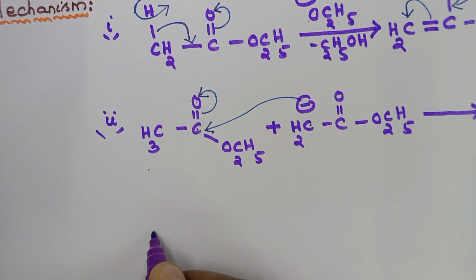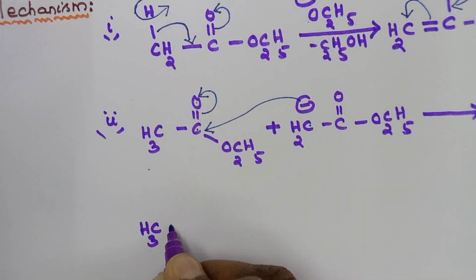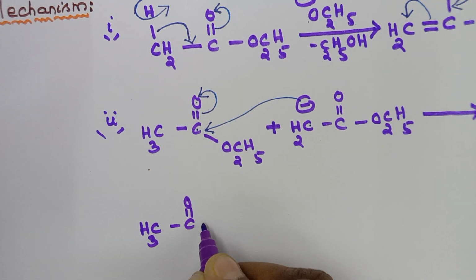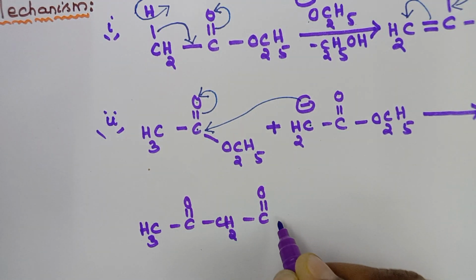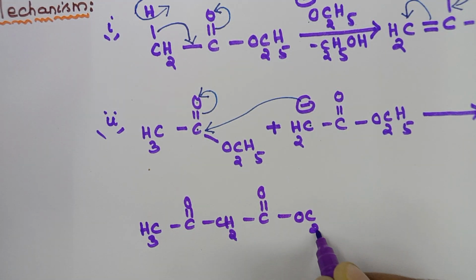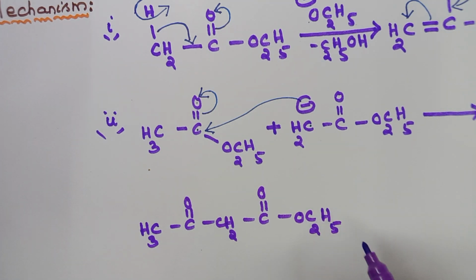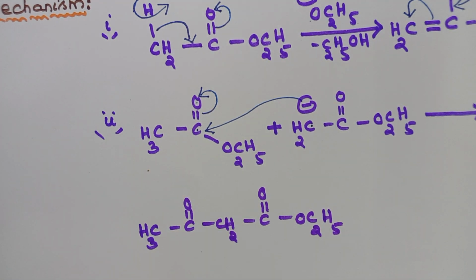CH3. Hope you can see, students. CH3 C double bond O CH2 C double bond O OC2H5. What is this, students? This is nothing but aceto acetic ester. Okay.